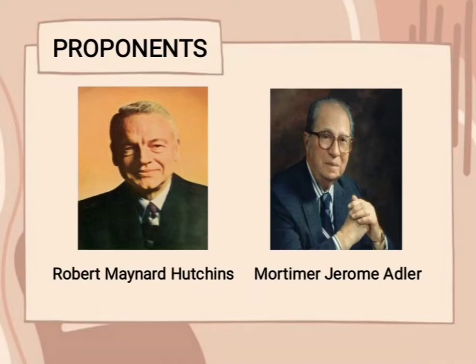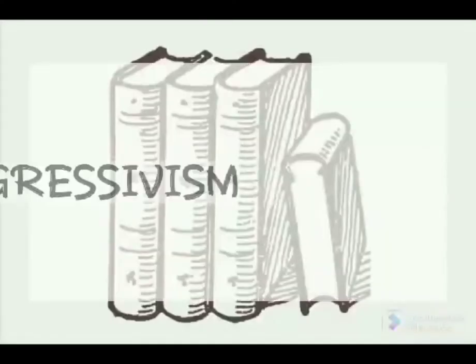The advocates of this educational philosophy are Robert Maynard Hutchins, who developed a Great Books program in 1963, and Mortimer Adler, who further developed this curriculum based on 100 great books of Western civilization.